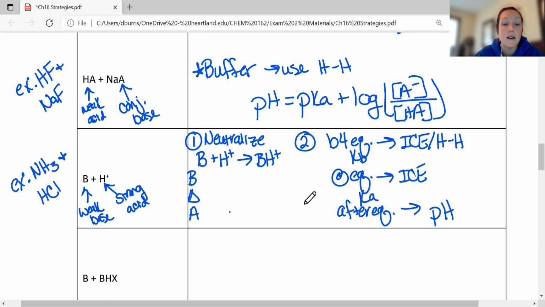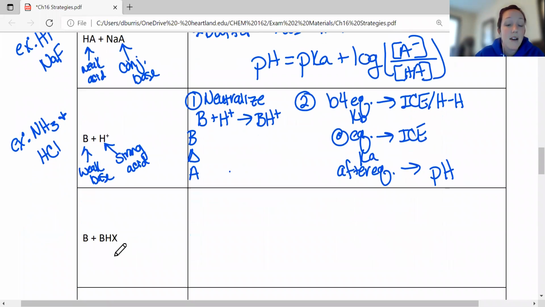Okay. All right. Now the rest of these are not so bad. I've got B and BHX. You might be wondering, what in the heck is BHX? Well, we know B is a weak base, and BHX is supposed to be like BH plus, like NH4 plus, with some type of halogen.